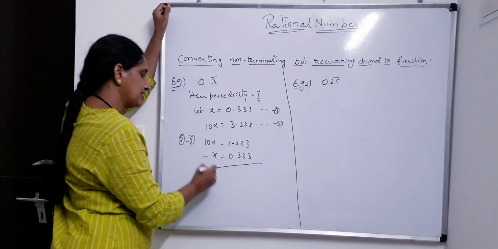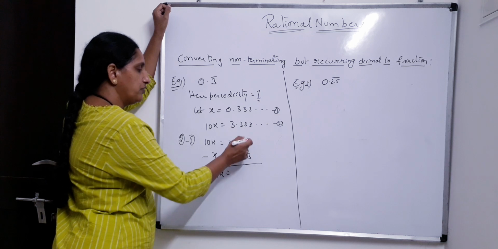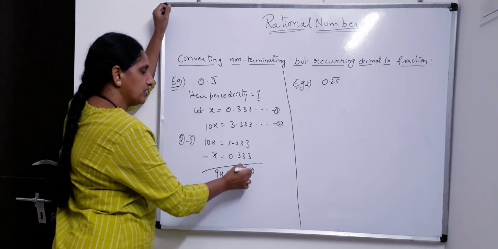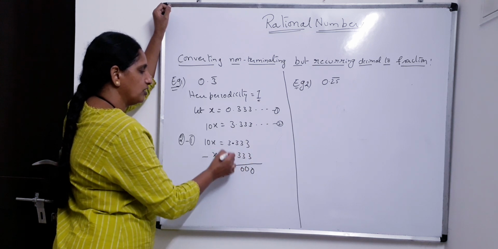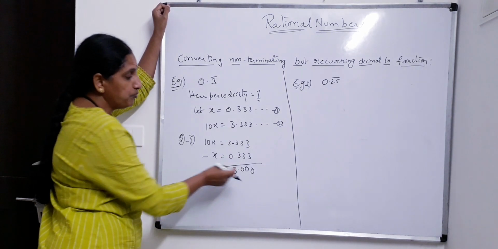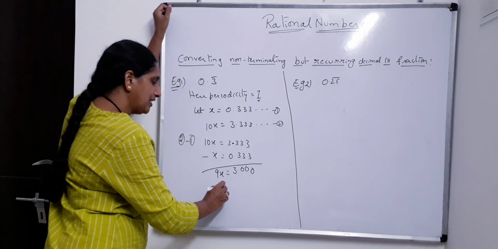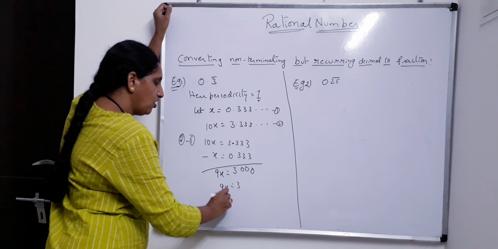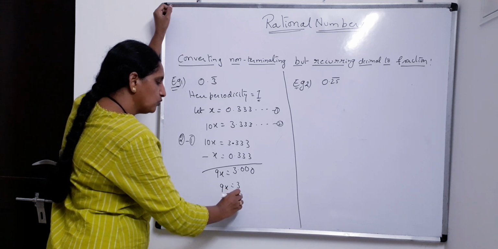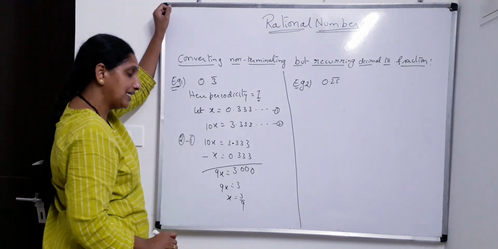Subtraction: 10x minus x is 9x. 3 minus 3 is 0, 3 minus 3 is 0, 3 minus 3 is 0, 3 minus 0 is 3. That gives 3.00, which is equal to 3. So 9x is equal to 3, or x is equal to 3 by 9.